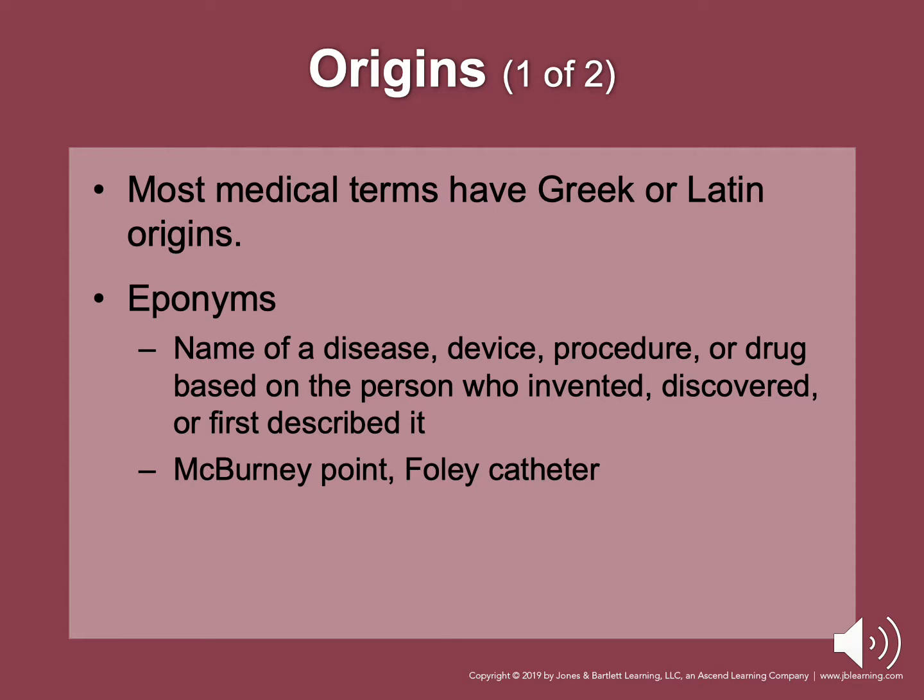Some examples are the Foley catheter, McBurney point, as far as anatomical relations, the Babkin reflex, Crohn's disease, the cesarean section, the Levi sign, the Apgar score. All these were named after the people that invented them, like most things are.